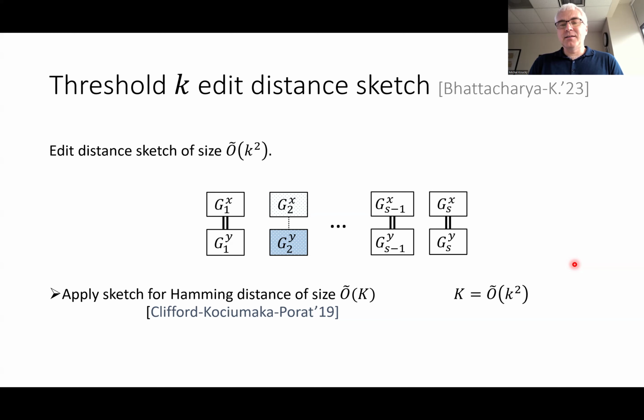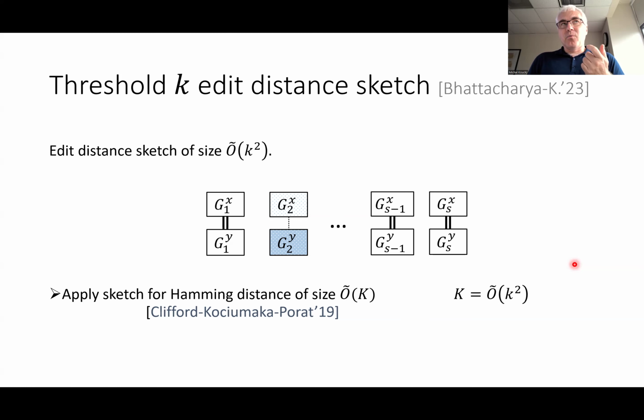And on the other hand, maybe the edit operations are spread among these grammars, so you might have k pairs of grammars which differ, but each grammar, if you expand the blocks, is going to differ only in a single bit. So the sketch basically has to handle both these cases, and this k-squared is the trivial upper bound. So what could you do better?